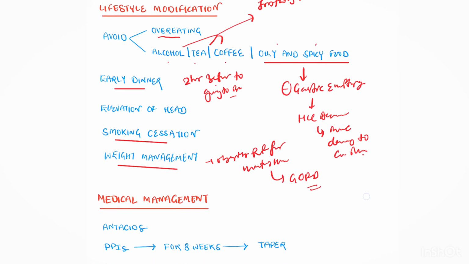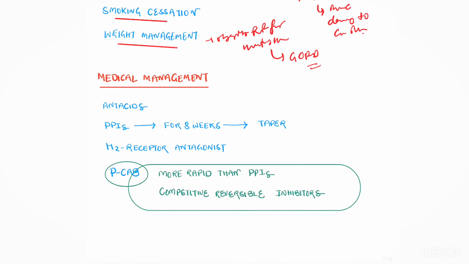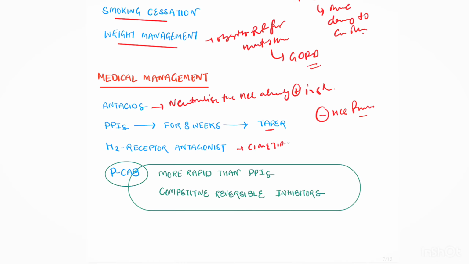So what do we have in medical management? In medical management we have antacid to neutralize the HCl already present in stomach, and PPIs for 8 weeks, and then we taper them. PPIs inhibit the HCl production, and there are H2 receptor antagonists like cimetidine or ranitidine, and there is a new drug in the market which is known as potassium-competitive acid blocker, P-CAB.